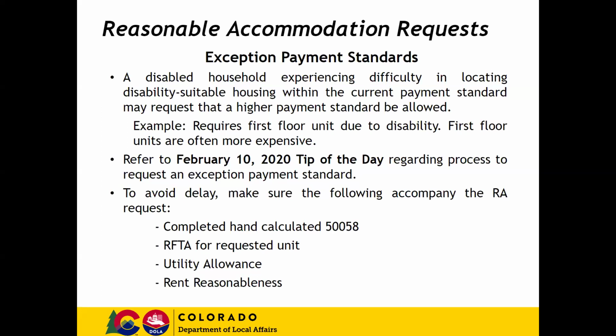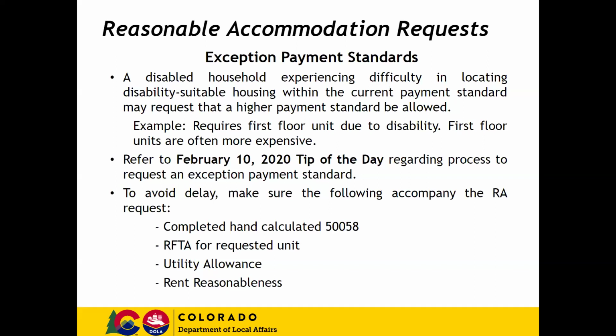We do this while balancing the ability to continue to serve the same amount of people that we are serving. If we raised our payment standards to the maximum, which HUD says is 110% of their published fair market rent, and we did that in every county, we would probably end up serving half of the households that we're currently serving. So we try to be very strategic and fair in setting our payment standards.